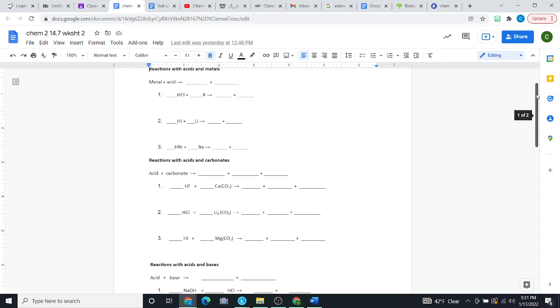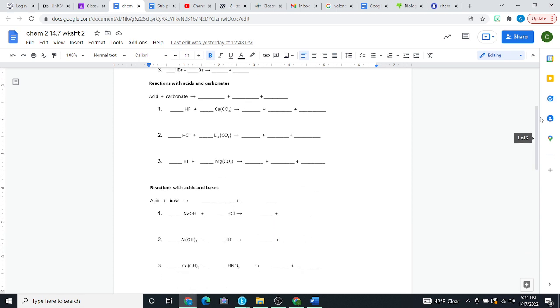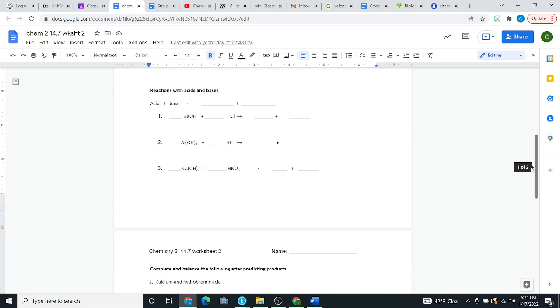If you have an acid with a carbonate, you are going to get H2O, CO2, and a salt every time. Then you have 3 of those. If you have an acid and a base, then you're going to get H2O and a salt every time. Then you have 3 to do for that.